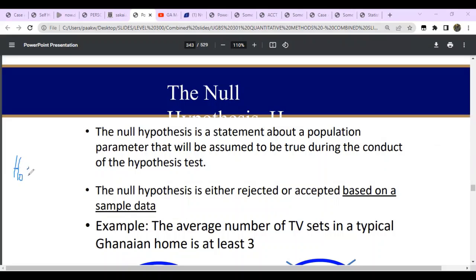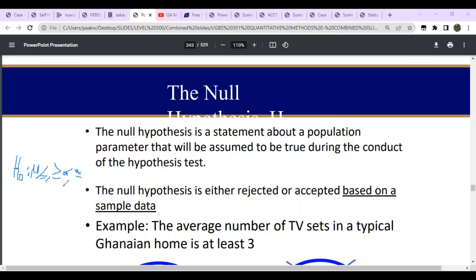Then your mean will come, plus either you have less than or equal to, greater than or equal to, or the equal to sign. So this is less than or equal to, greater than or equal to, then equal to sign. So we are talking about null hypothesis.